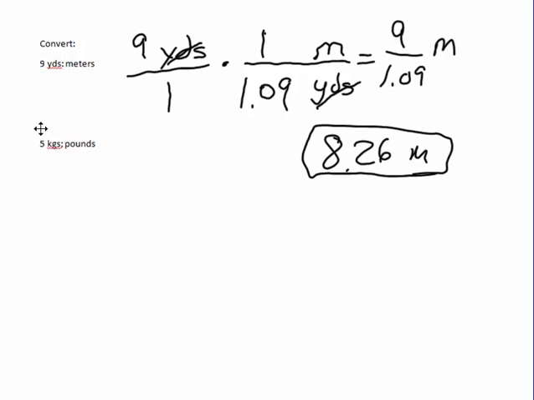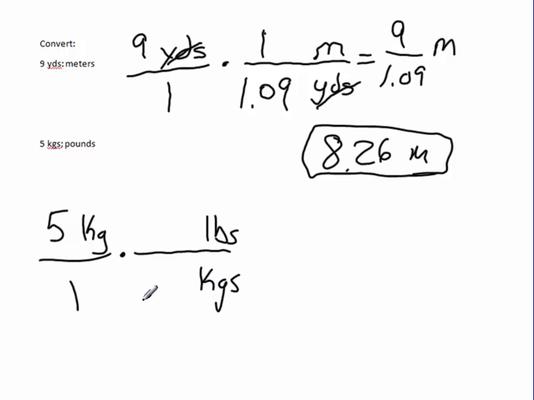Well, that ain't bad. All right, so now let's do kilograms to pounds. So we have 5 kilograms over 1. And I want to multiply that by something where I have pounds to kilograms. Now we need to know how many pounds are in every kilogram or how many kilograms are in every pound.